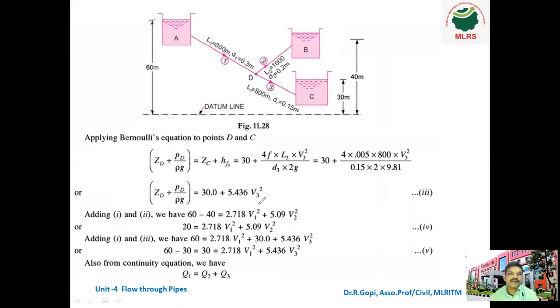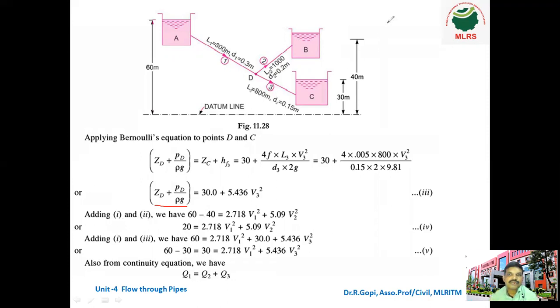So now we need to calculate V1 and V2. Once we find V1, V2, V3, we can easily calculate ZD plus PD by rho G. For that purpose, I am adding equation number 1 and 2.